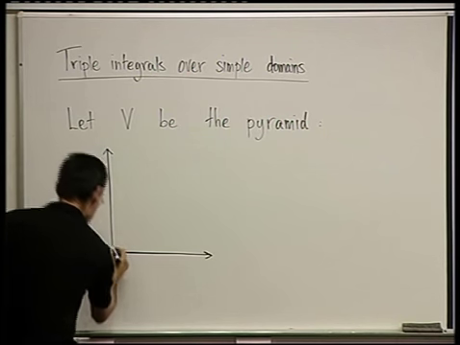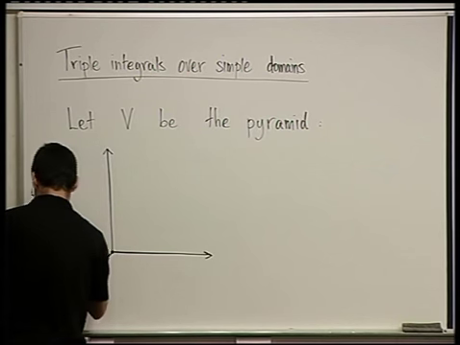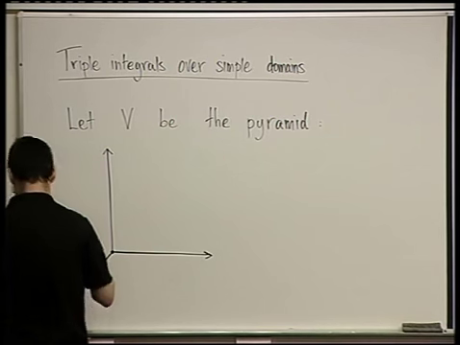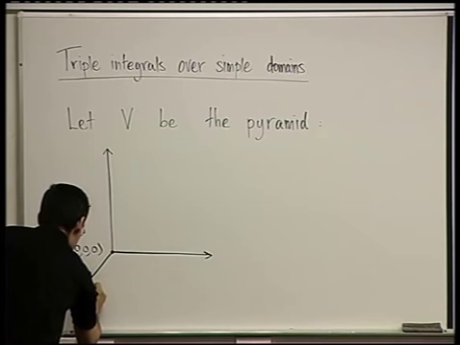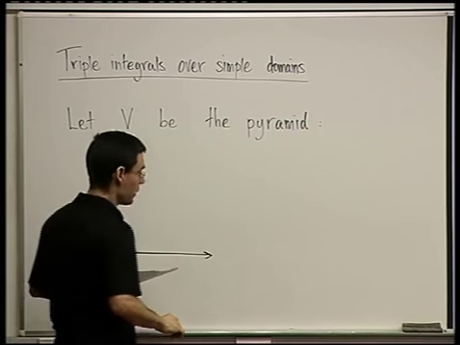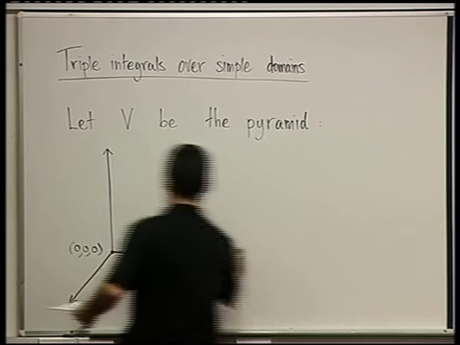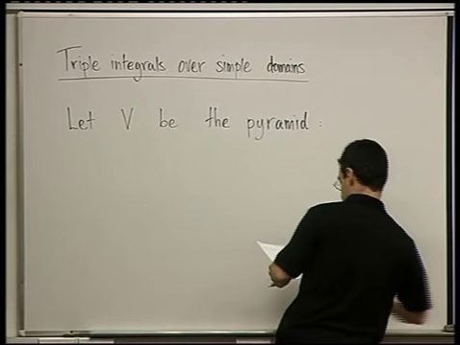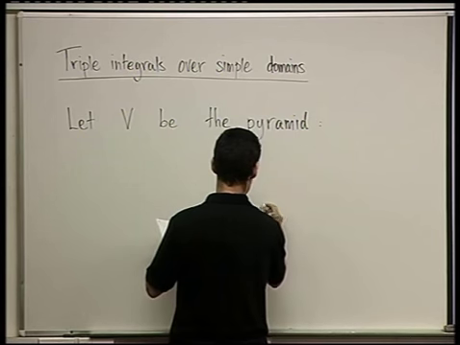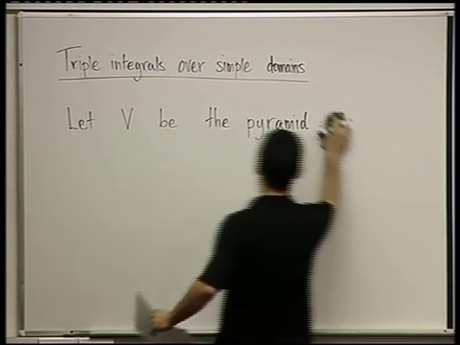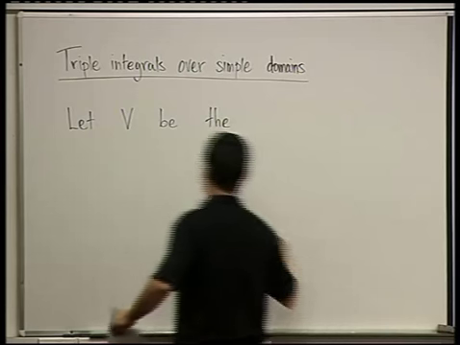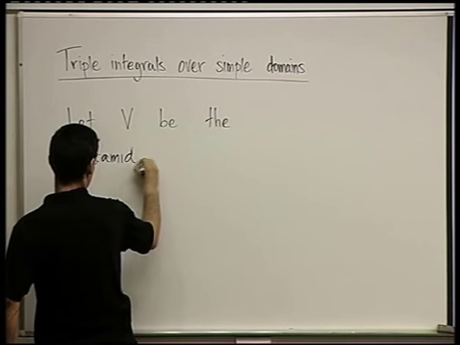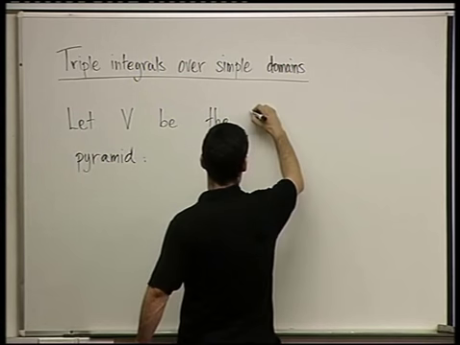Okay, so this is the point 0, 0, 0. I want to make a bigger drawing. I don't like it already. Let me make this bigger. Let's move the word pyramid. Okay, much better.